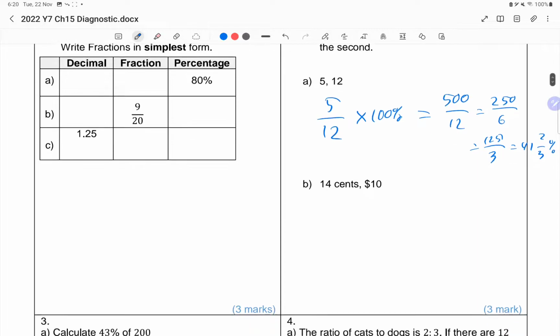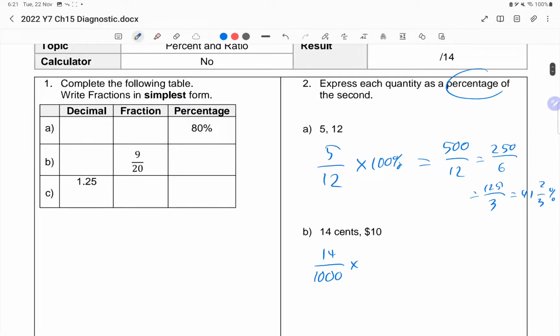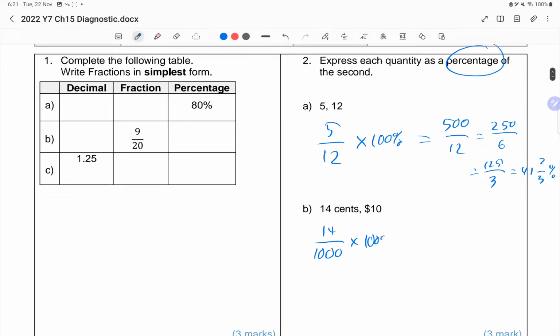And then this one, 14 cents and $10. Once again, you need to convert them to the same units. So I would convert it to 14 over 1,000, because if you use 0.14 over 10, you still need to times it by 100 to make it into whole numbers. So I change them all to cents. That's 14 over 1,000 cents. And then you want to convert to percentage, so times by 100%.